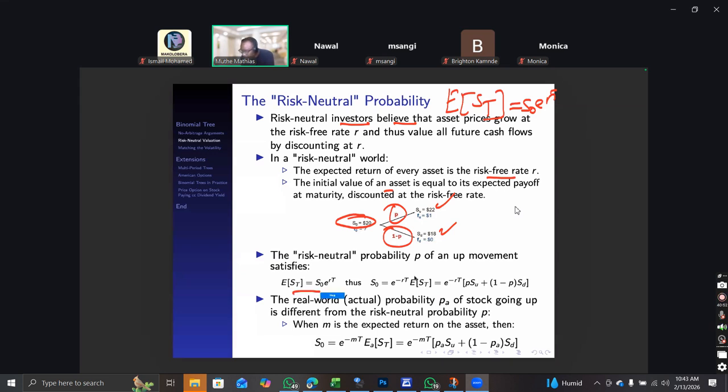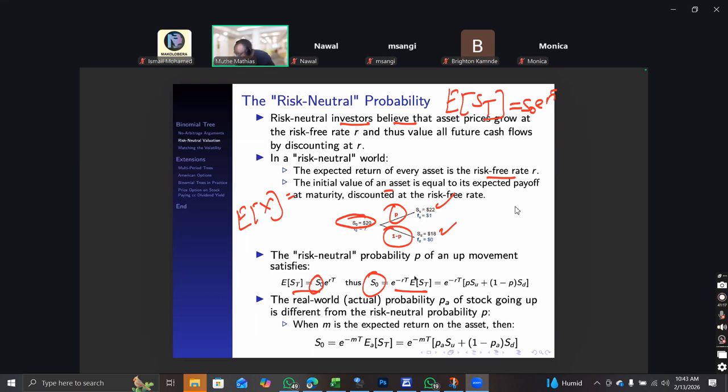At the same time, I know the expectation, because I know the expected value of X. How do we estimate it? We know that we have to take the summation of X times P of X. So what I'm going to have here is, if you rearrange this, S naught will simply be the discounted value of the expected payoff. So if we divide by e to the power rT, then it will be like that.